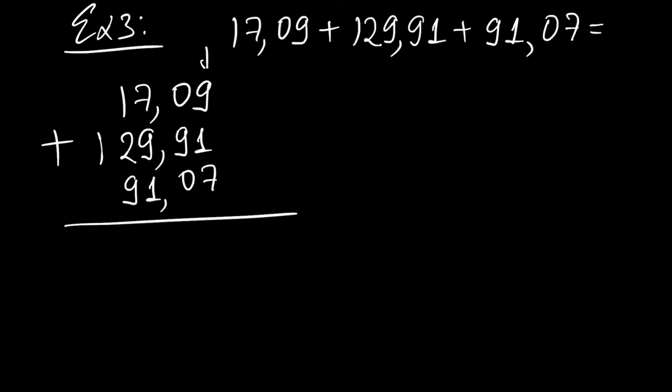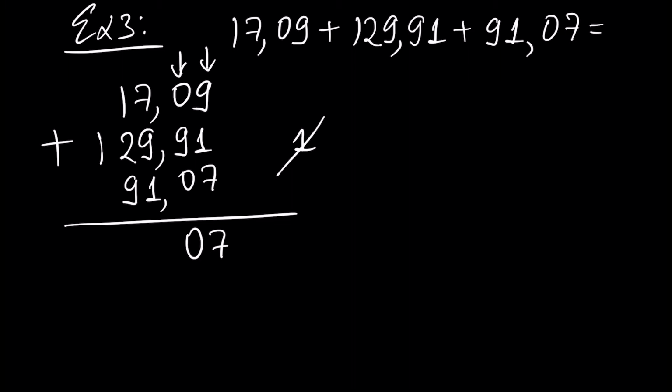We perform addition. 9 plus 1 plus 7 is 17. From this 17, we write the last digit 7 and remember 1. 0 plus 9 plus 0 is 9. 9 plus this 1 is 10.